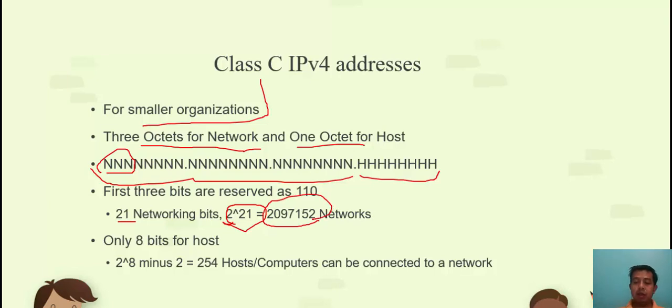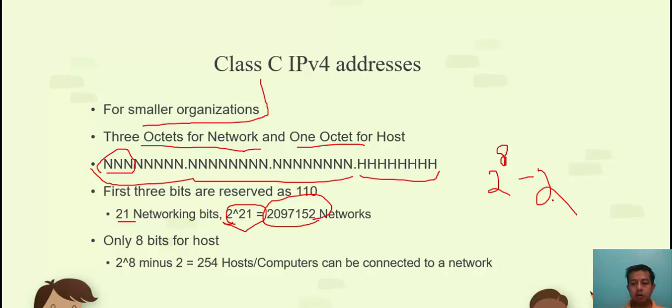Now, how many computers can each of these networks accommodate? Remember, this would be a small number because only 8 bits are available for the host part. So each network can connect 2 to the power 8 computers minus 2. Remember, this minus 2 comes everywhere in the host part. Why minus 2?